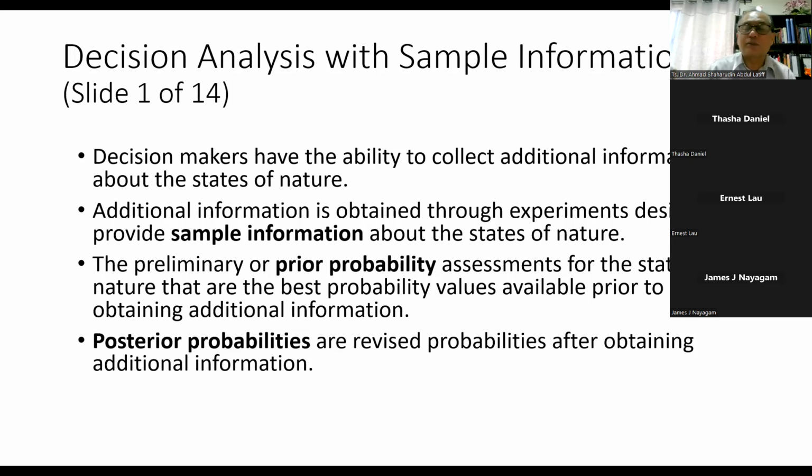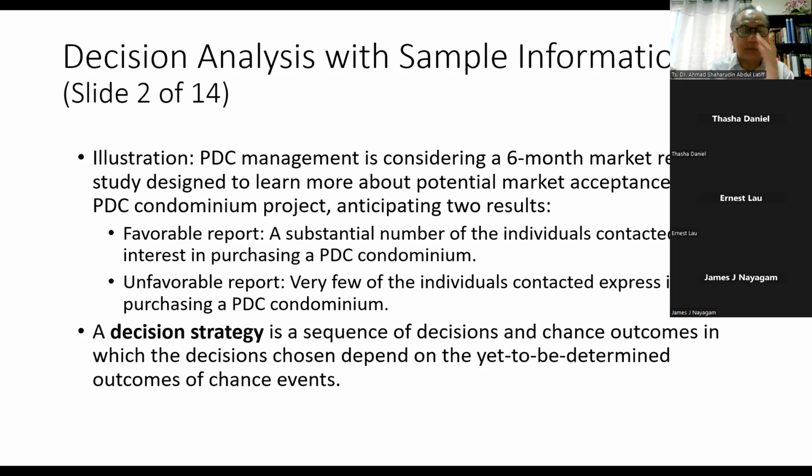You get sample information, test with a certain example, and then calculate the prior probability and posterior probability. Prior probability is the assessment of the state of nature before obtaining information. After obtaining the information, you revise the probability, which we call posterior probability.